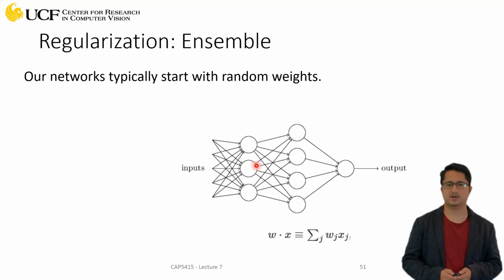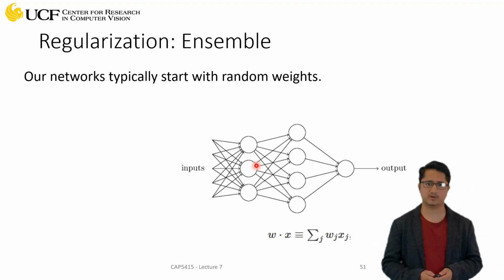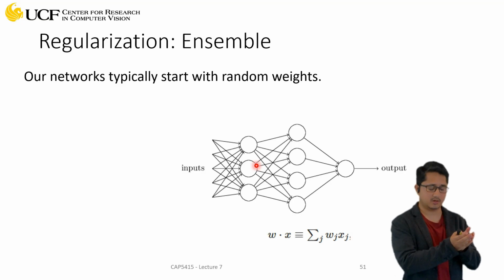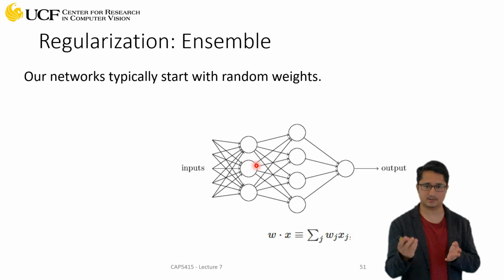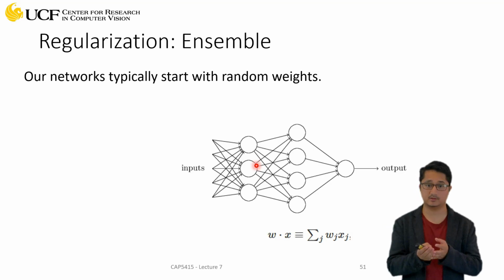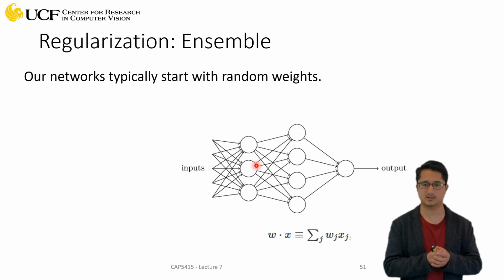The other interesting idea to regularize your network is to just use an ensemble. Okay, so what does this mean? Each time you're training your network, you are initializing your weights randomly. And you know that the loss function you have is not convex, so there could be a lot of different minima.